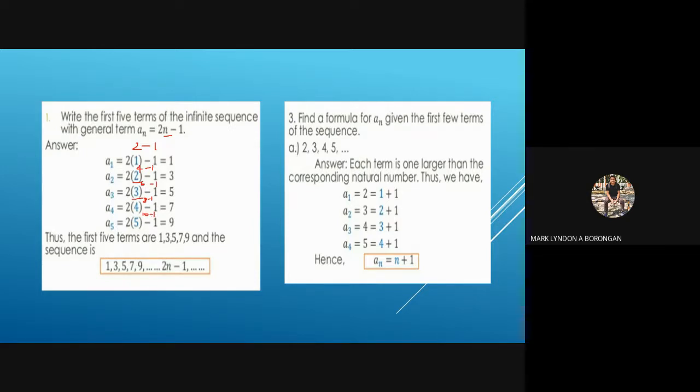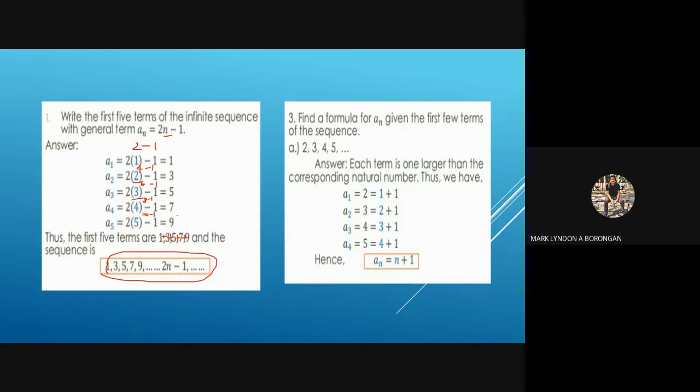So, thus, the first 5 terms are 1, 3, 5, 7, and 9, and that is the sequence. If we are asked to find a series, all you have to do is change the commas into plus and then get the total. That's all, guys.